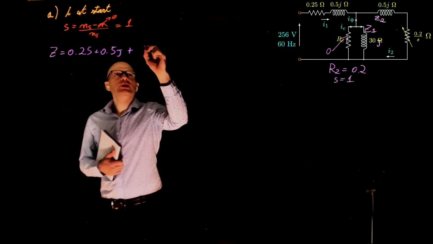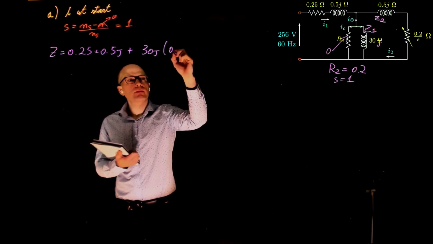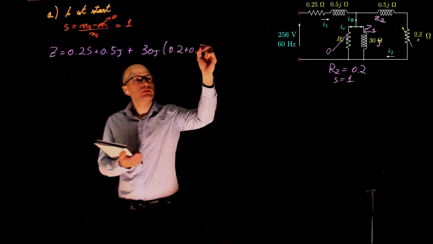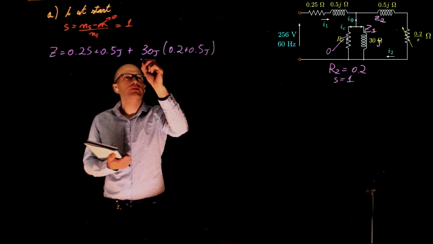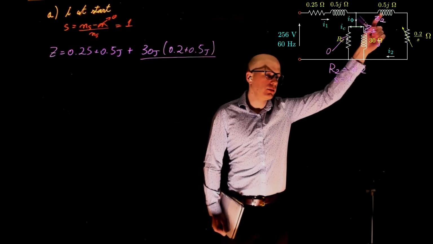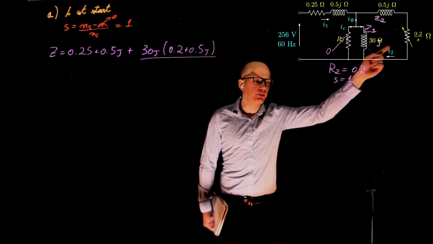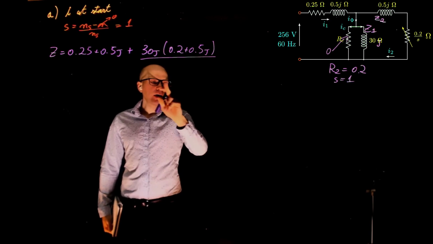All right, so you have 30j times the sum, divided by the sum here, which is simply Z2. So Z1 is 30j, Z2 is 0.5j plus 0.2, divided by the sum of them.